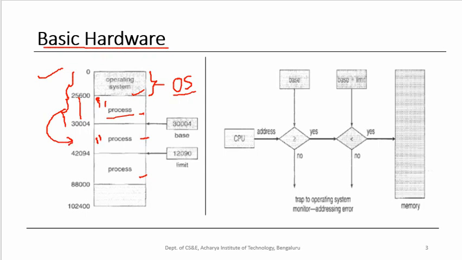For example, it is not supposed to touch the address space of P2, or the address space of operating system. So this is what is known as memory protection. We had a very little introduction to this memory protection. Now here let's see how operating system ensures this memory protection.